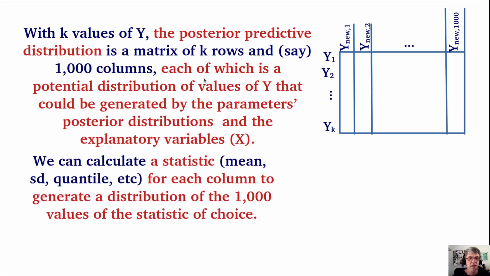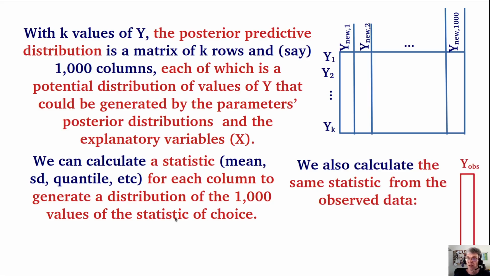So we can calculate a given statistic, any statistic you wish, the mean, the standard deviation, the quantile, the range between the maximum and the minimum, the range between the 97th quantile and the 13th quantile, anything you wish, for each column of this 1000 potential distributions that could have been generated from the data, and therefore we obtain a distribution of 1000 values of the statistic of choice.